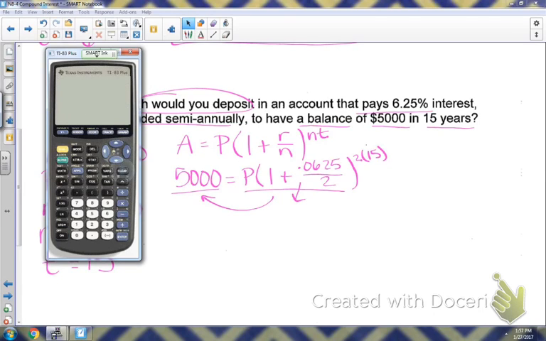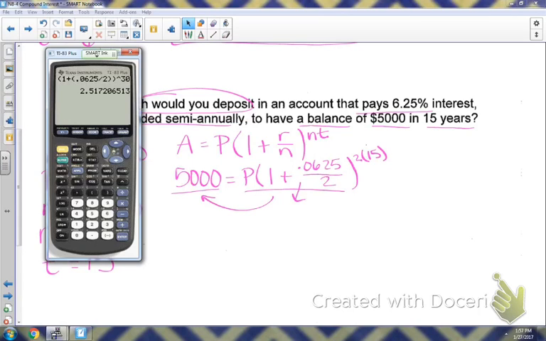So what you can do is 5,000, or actually, let's find the number next to P first. So 1 plus 0.0625 divided by 2, and then raise that to the 30th power. Get that answer. So like what I was saying, you can't round that and then divide it by 5,000 and then round that answer.